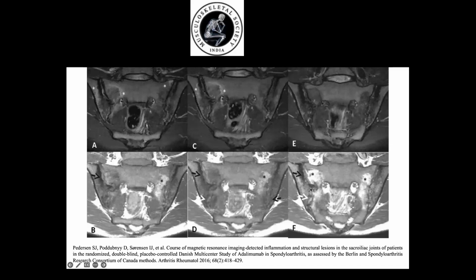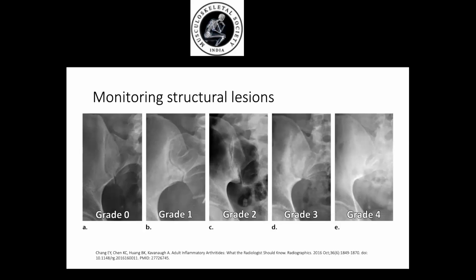That is backfill. So compared to week 12, you can see that at week 24 there is fatty infiltration of both the sacroiliac joints. And also, if you look carefully, there are erosions of the sacroiliac joint.